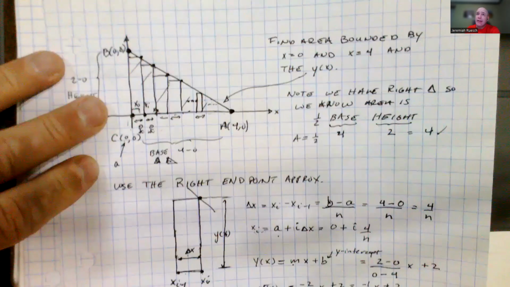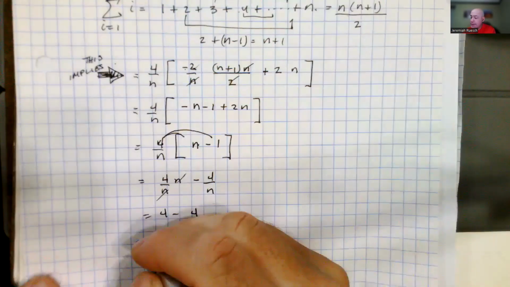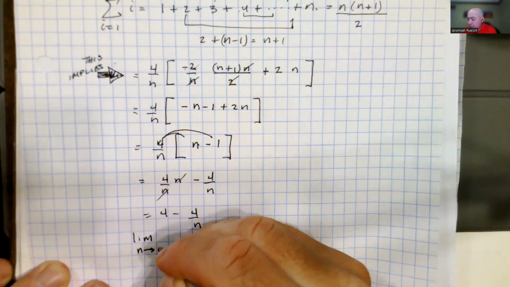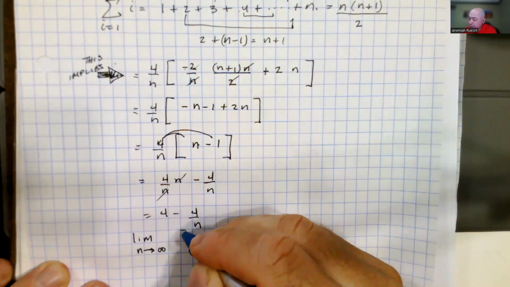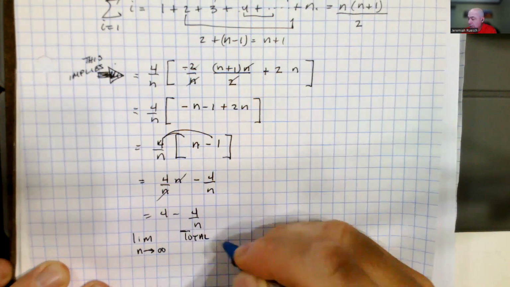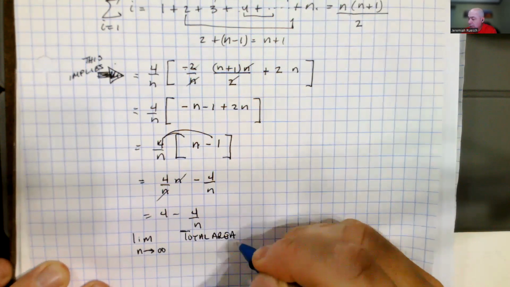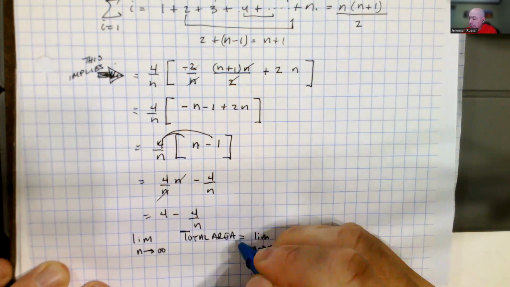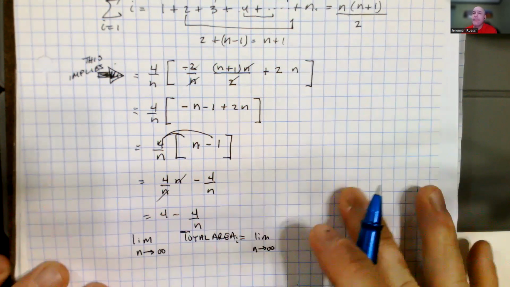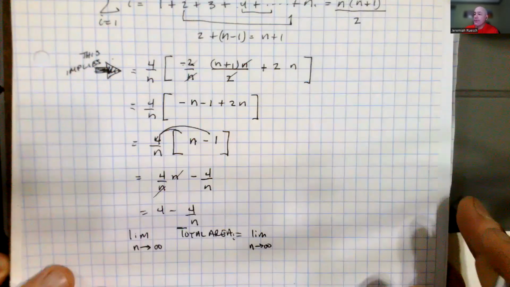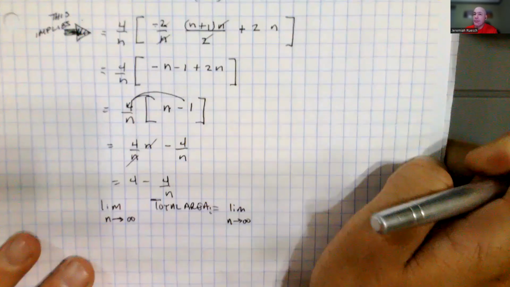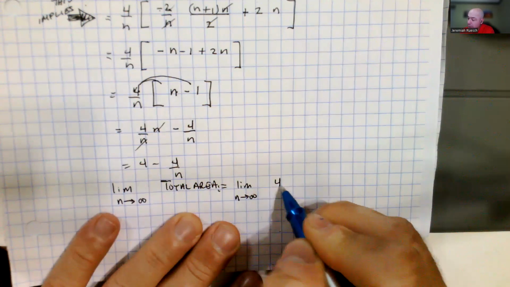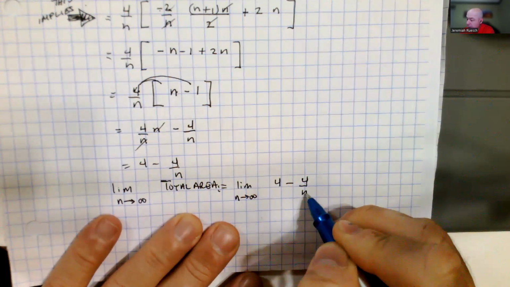And so in that limit, if we take the limit as n goes to infinity of the total area, that means the limit as n goes to infinity of the ith areas. Okay. Then the limit as n goes to infinity of 4 minus 4 over n.